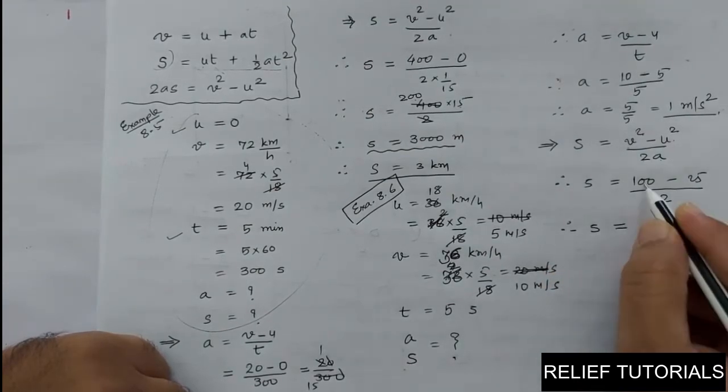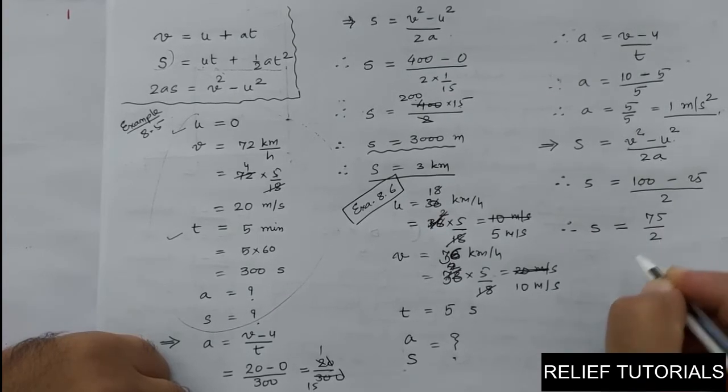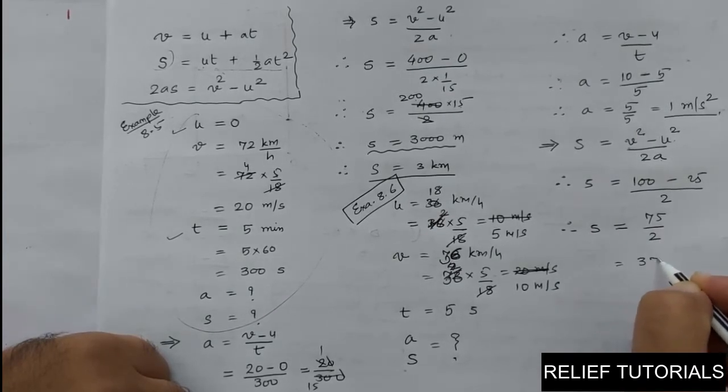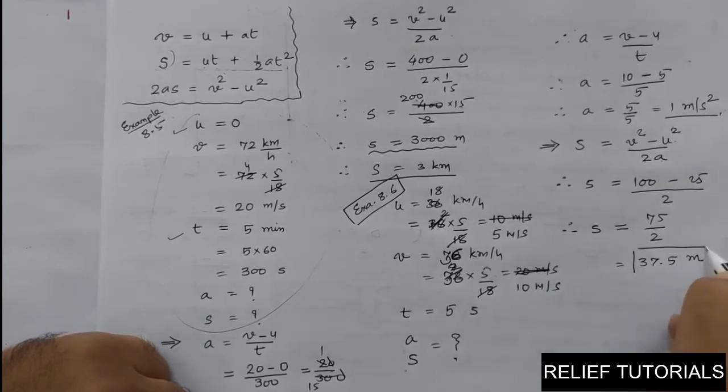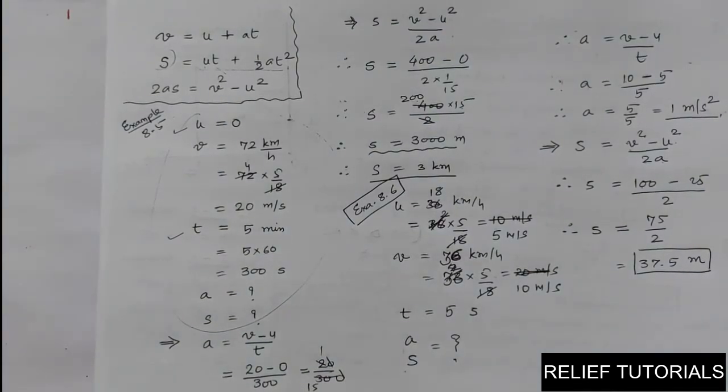Therefore s is equal to 100 minus 25 is 75, 75 by 2. So it is 37.5 meter. So the distance travelled by the car is 37.5 meter.